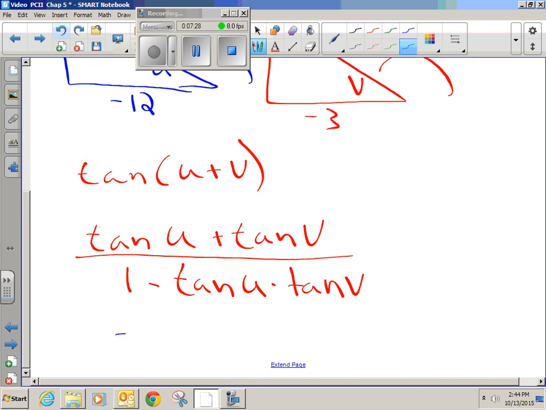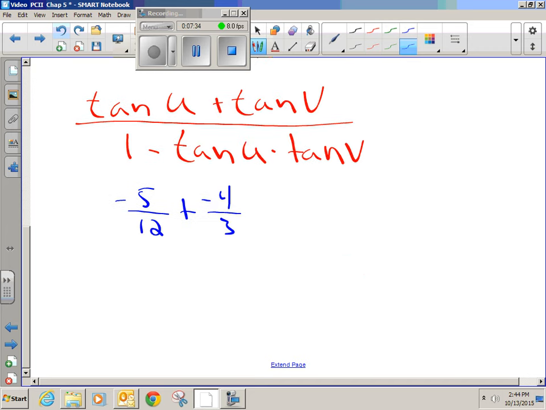I have tan u, -5/12, plus tan v, -4/3, over 1 minus tan u, -5/12, times tan v, -4/3. And now it's basically going back to elementary school. We're dealing with some complex fractions.